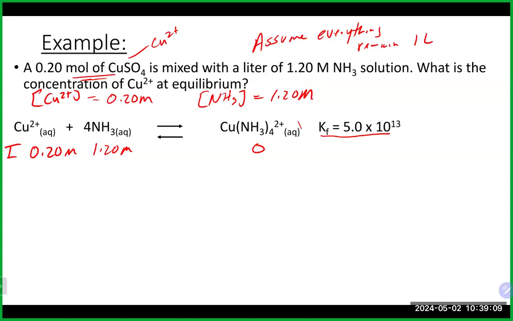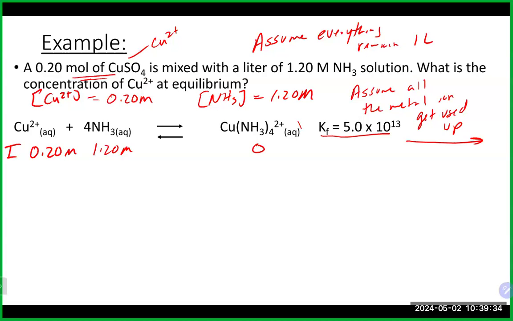Now, when we do these type of problems, because of the large value of K, we do make a couple assumptions. One assumption that we make is that all the metal ion gets used up, because it's basically a one-way street with a K value that's so large. So the assumption here is that all the metal is going to definitely want to combine with those ligands and make this complex ion.